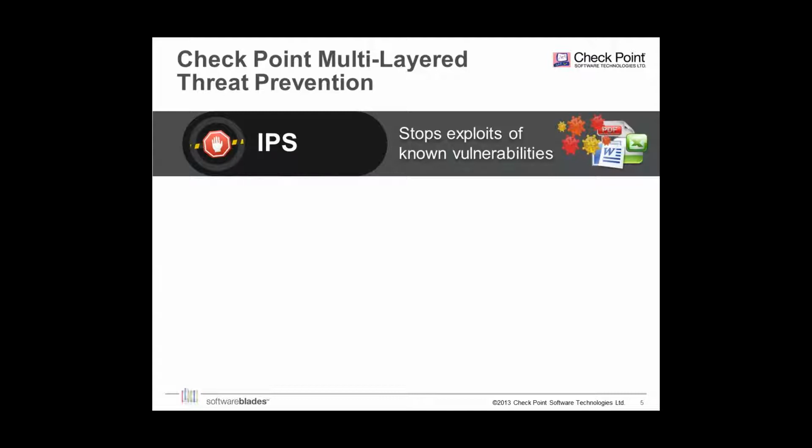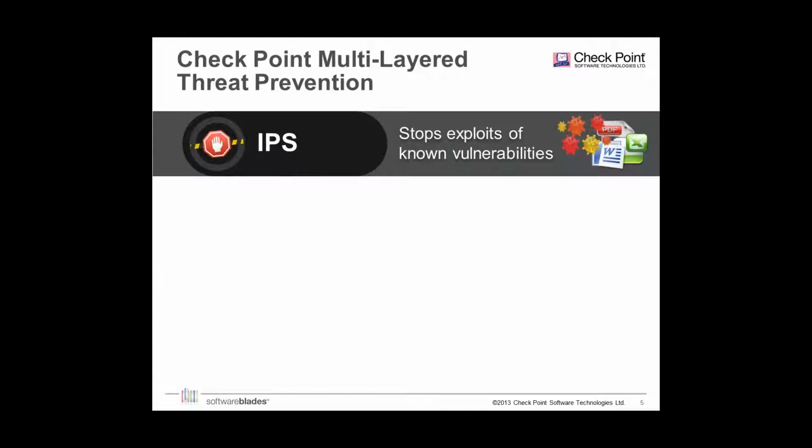IPS, or intrusion prevention, is the ability to stop exploits of known vulnerabilities in software. For example, everybody knows about Patch Tuesday, where issues have been reported into Microsoft, the Microsoft developers have created a patch for that application, and then on Patch Tuesday you download your update.